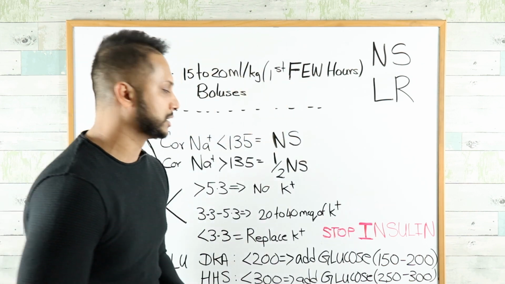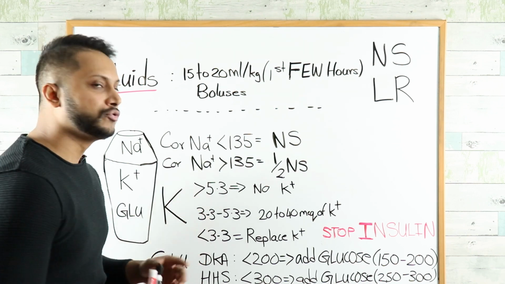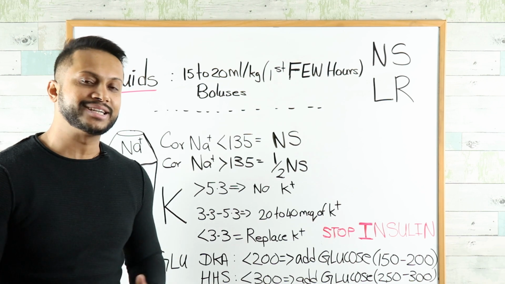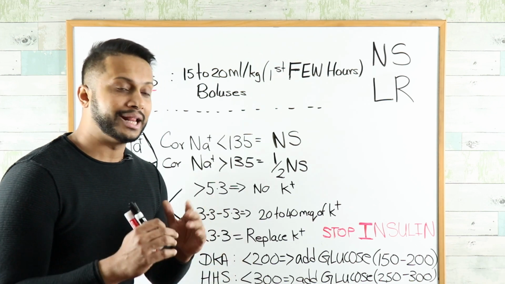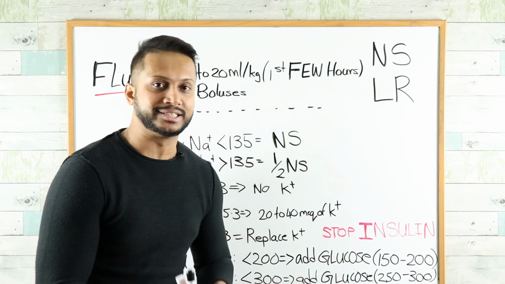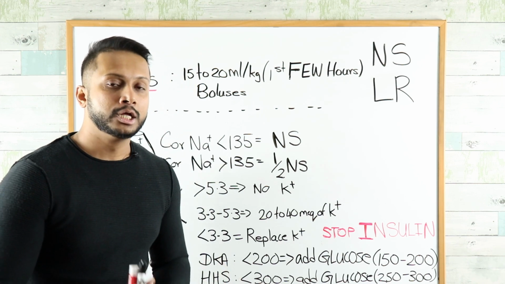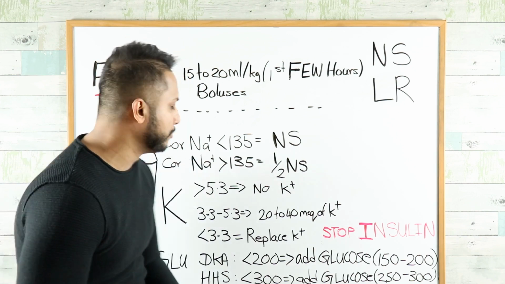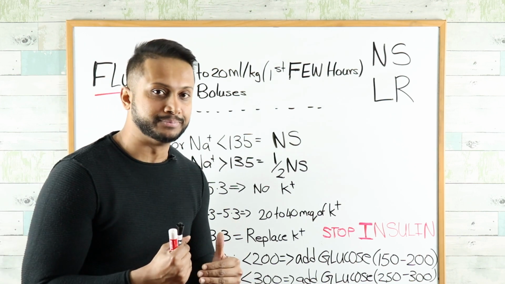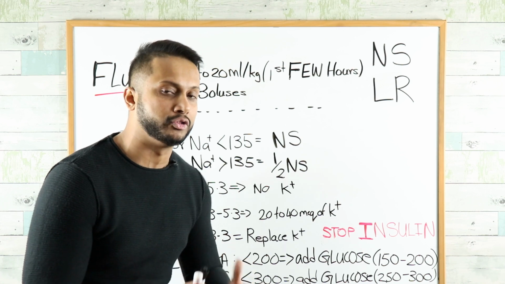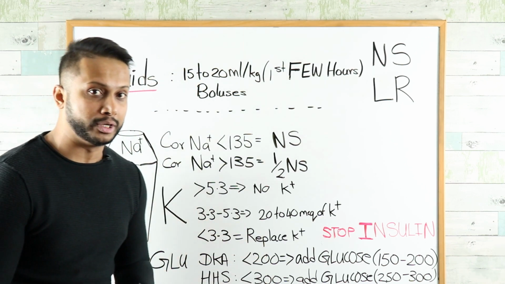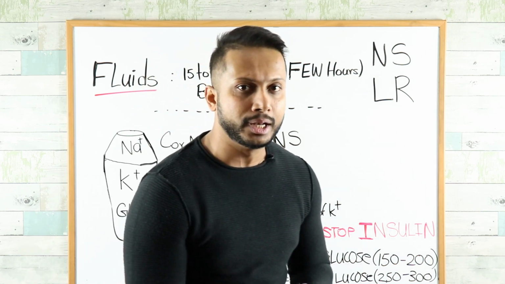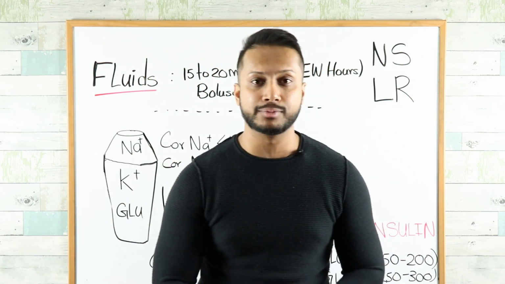So what determines this? Remember, your upper limit of normal potassium is 5.3. If your blood potassium level is greater than 5.3, at this point you do not have to add potassium to your fluid yet. But the moment your potassium level reaches the upper limit of normal, the moment it touches 5.3, okay, the upper limit of normal is 5.3, the lower limit of normal is 3.3, you must add potassium to your fluid, guys.